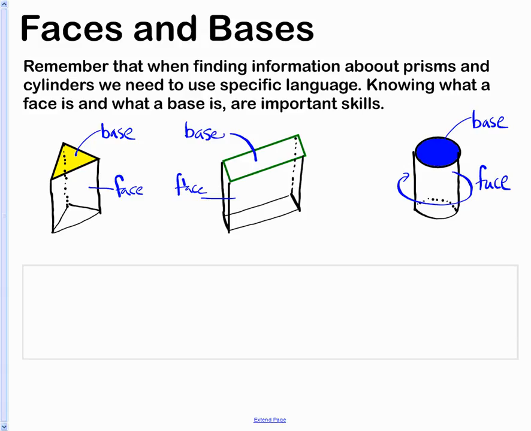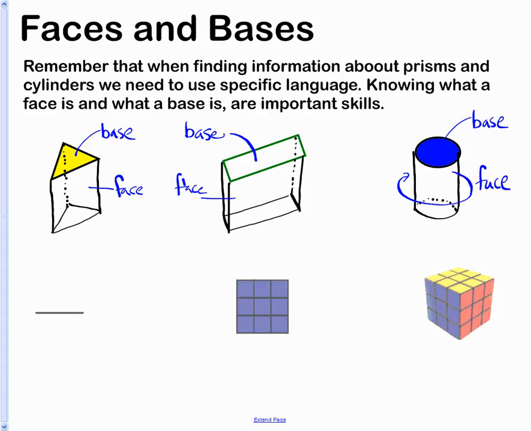So once you understand the shapes that we're using and how we extend those into cylinders and prisms, we can start to think a little bit more about the notation that we used in surface area. To review that really quickly, when we looked at surface area, we were talking about three different types of measurement. We were talking about one dimension, which is length. We talked about two dimensions, which is length and width.